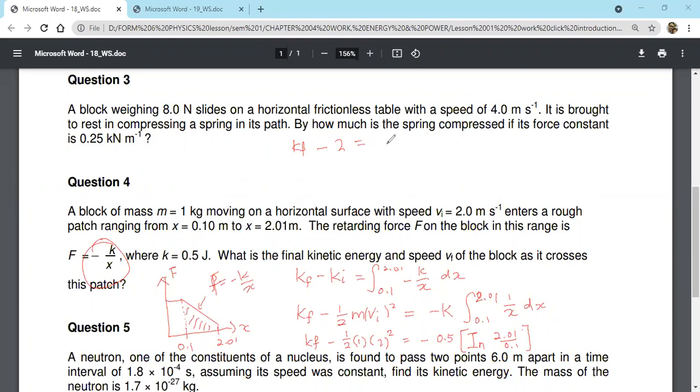From the calculation, we get negative 1.5. So at the end, the final kinetic energy is equal to 2 minus 1.5. So the kinetic energy is equal to how much? 0.5 joule.